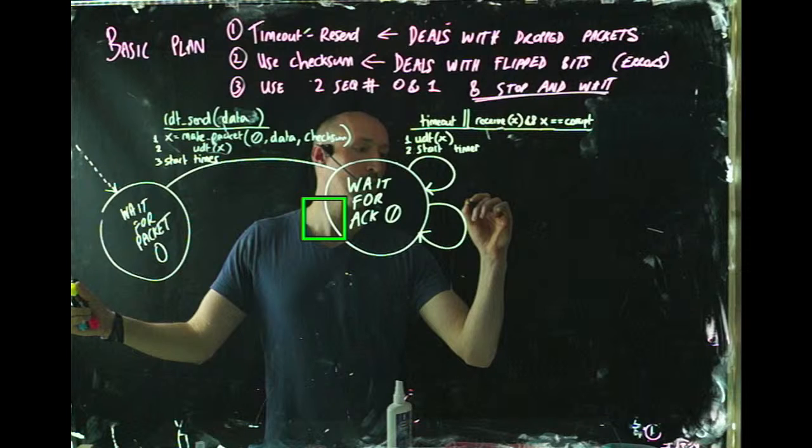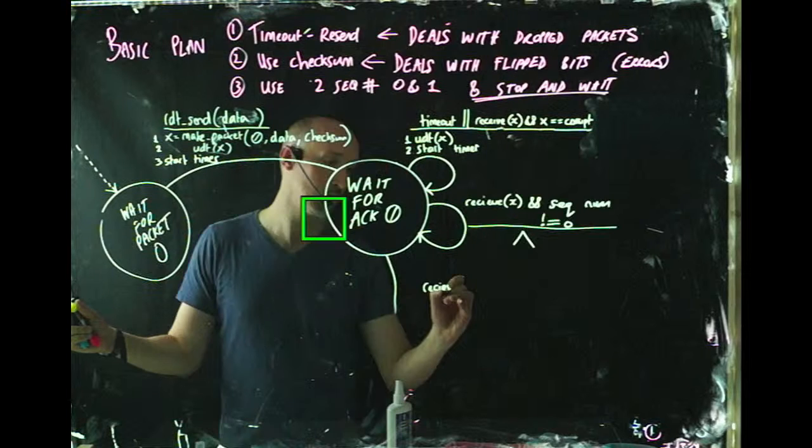The rest of the events should cover all the possible events that could happen. So the third event that I hope will happen is that I actually get back an acknowledgement. The event here would be receive x and sequence number equals 0 inside x, and checksum correct, or it's not corrupt.